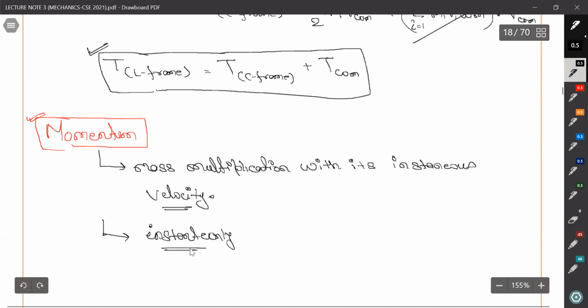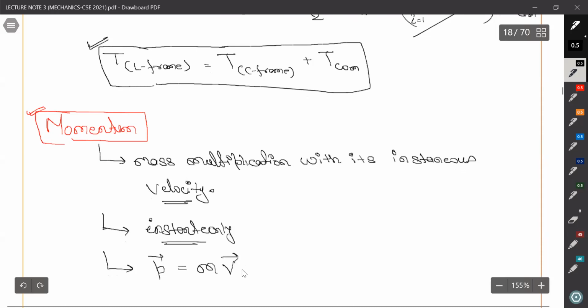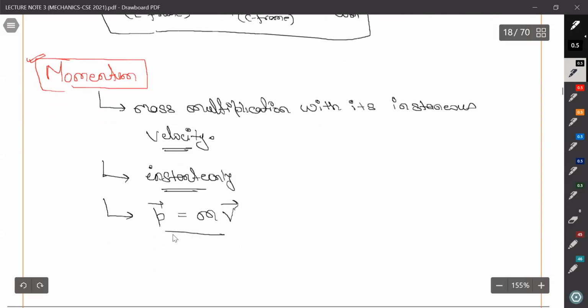So what does momentum mean? Momentum can be mathematically written as P equals mv. So clearly from this you can state that the direction of momentum is in the direction of velocity. Suppose this is the velocity vector, so momentum will be along it, since mass is a positive quantity here.